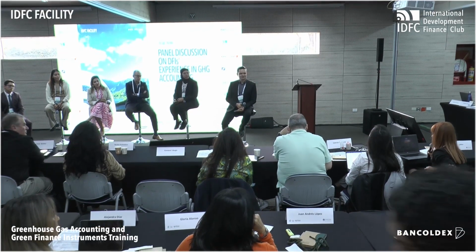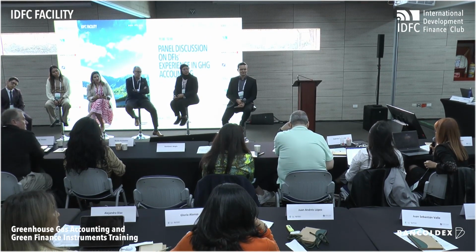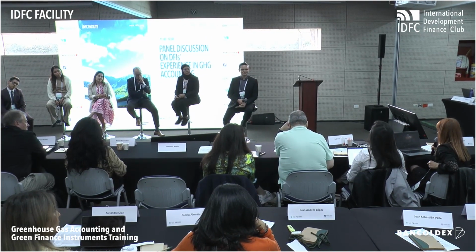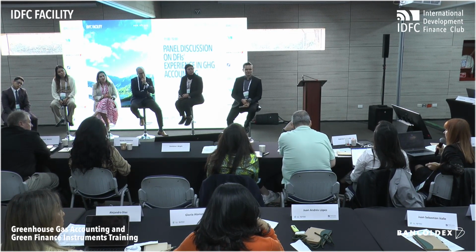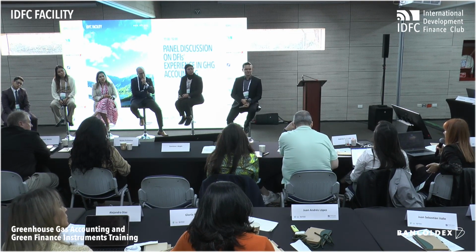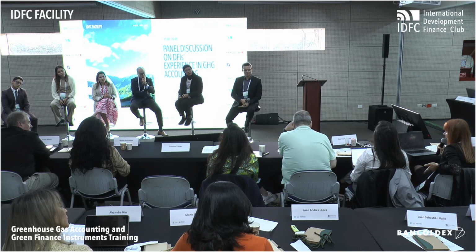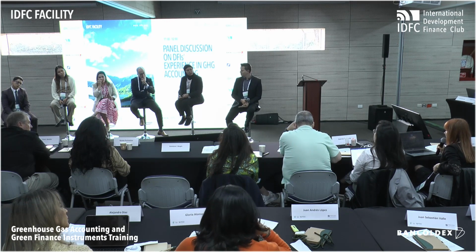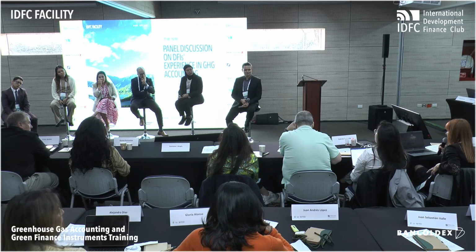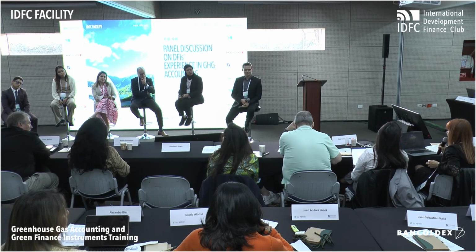So the question is, when it comes to GHG accounting and carbon credits, what's your approach dealing with those projects that are actually selling carbon credits? Do you deduct the GHG emissions claimed by these projects from your emissions reduction claims, or do you allow them to be sold while you are in the investments or in the funding during the implementation?